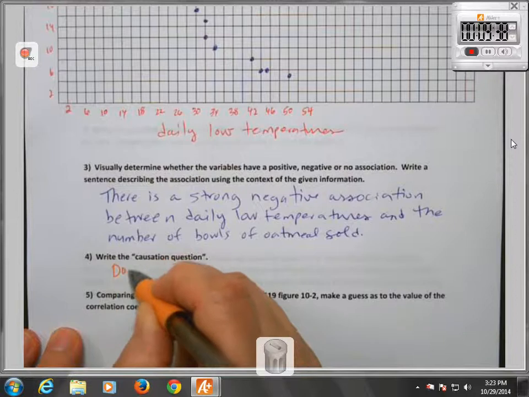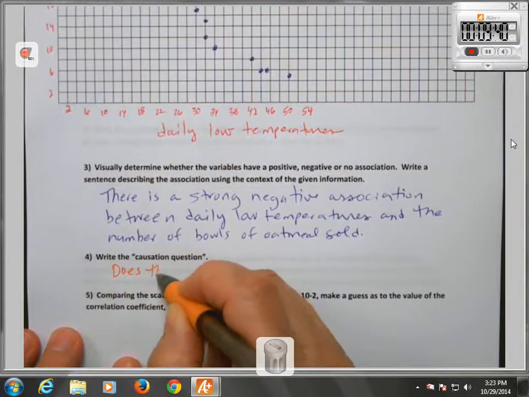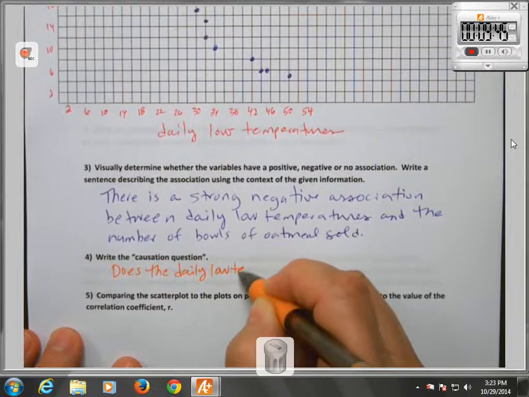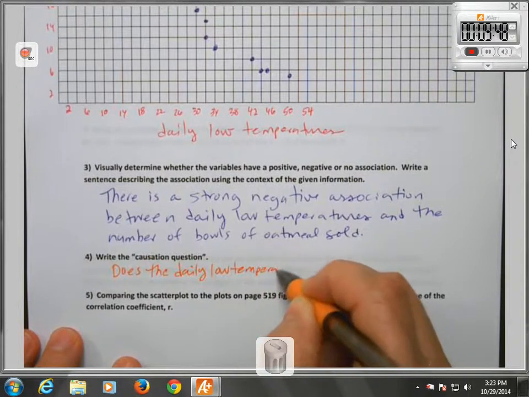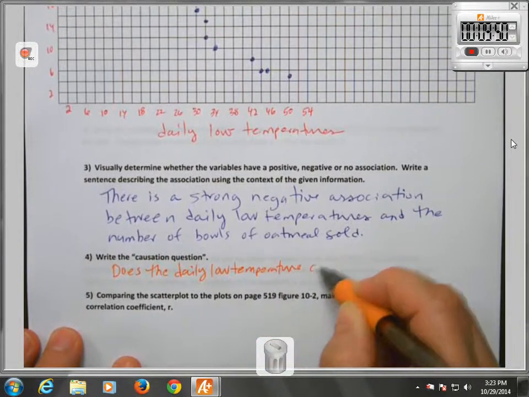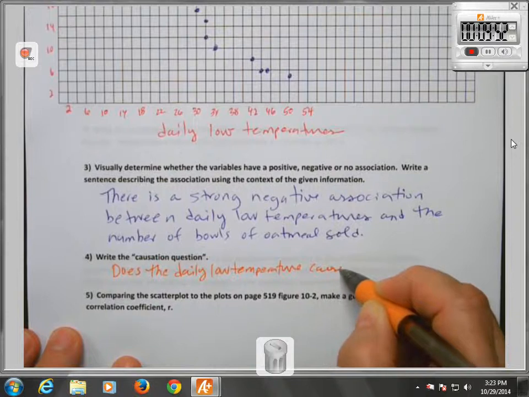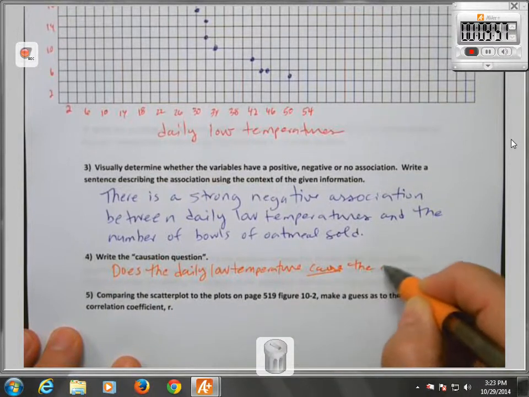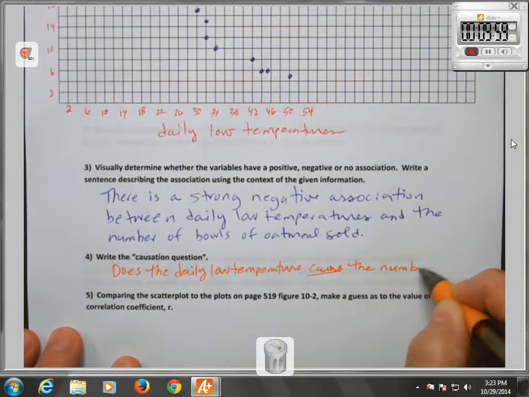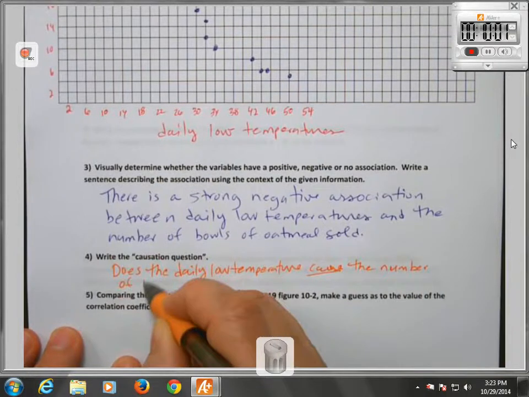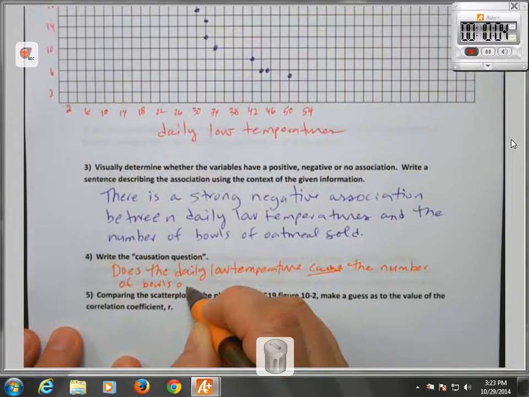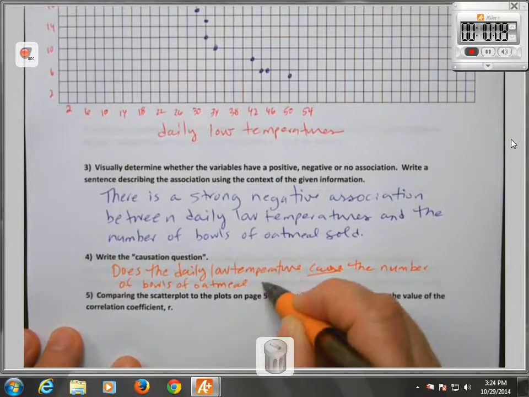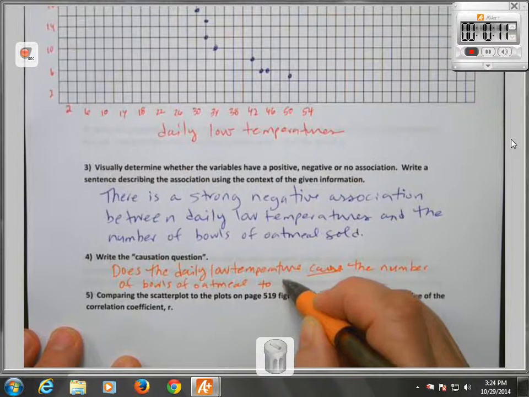does the daily low temperature cause the number of bowls of oatmeal to say increase.